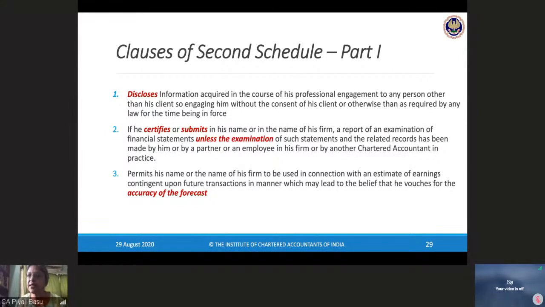So I requested them, could you send me only the relevant portion where they have permitted such expenditure in that board meeting? Could you only send me that part of the minutes? They refused. They said, you don't believe us. I said, absolutely I believe you, but I cannot go by such belief.